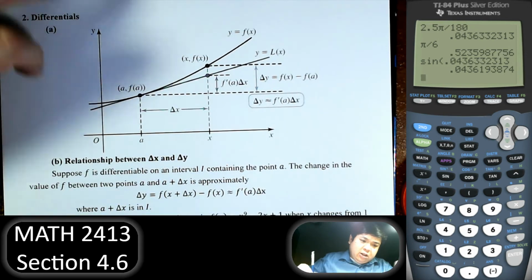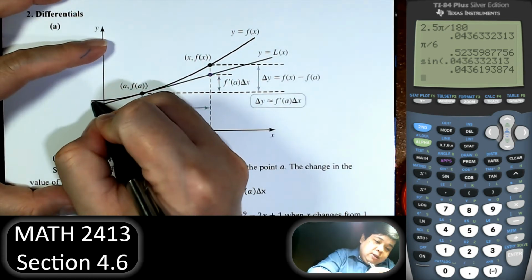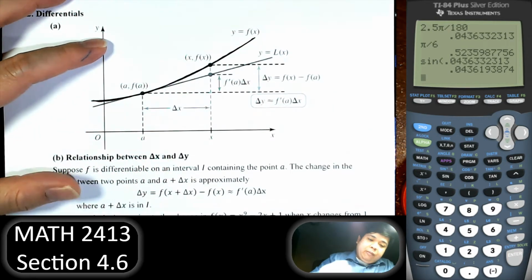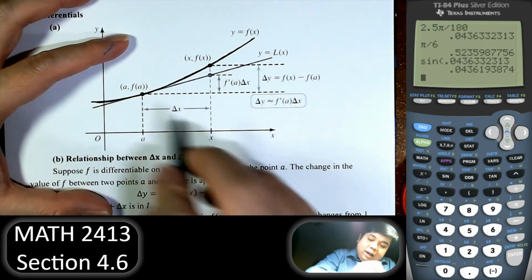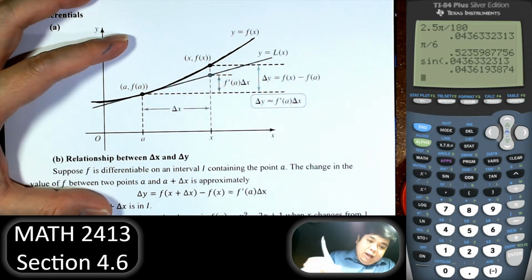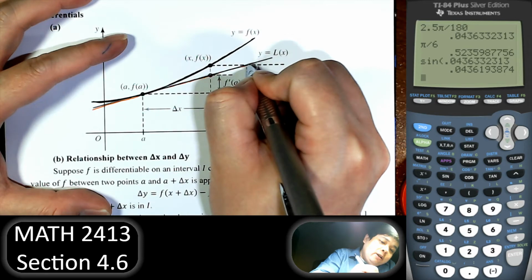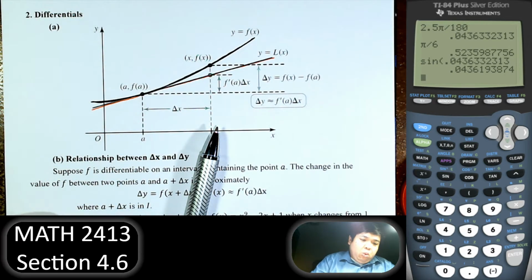So let's look at this. We have the function. This is the graph of the function. And then here we have the tangent line. So earlier we used the equation of tangent line to estimate the values of the function, right?